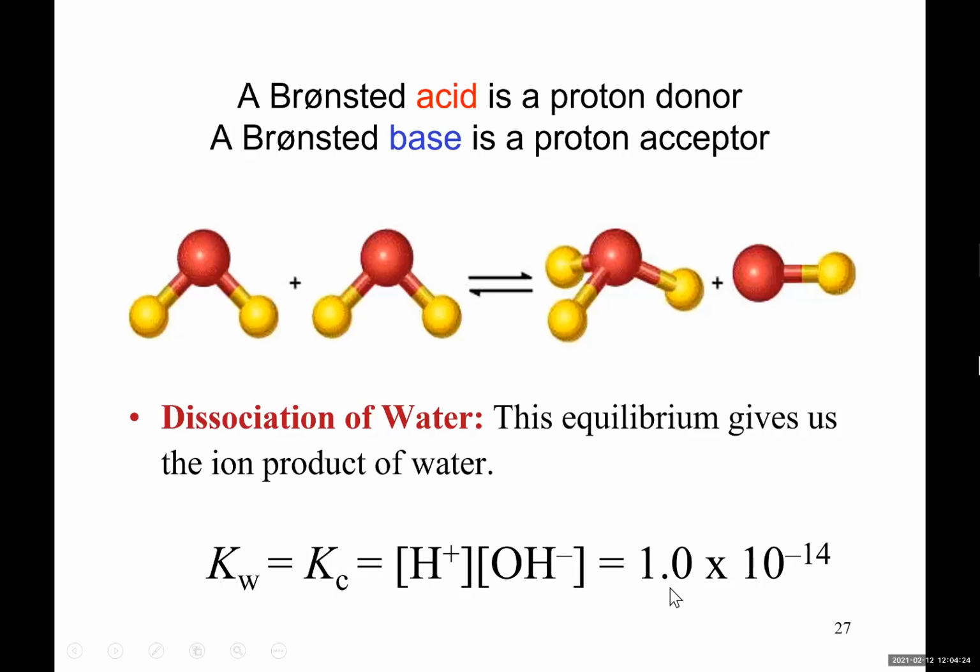The value of this equilibrium constant at room temperature is 1.0 times 10 to the minus 14. And we are going to use this constant to find the concentration of one of these two from the other one. In other words, if I give you the hydrogen ion concentration, you can always calculate the hydroxide ion concentration by this equation.